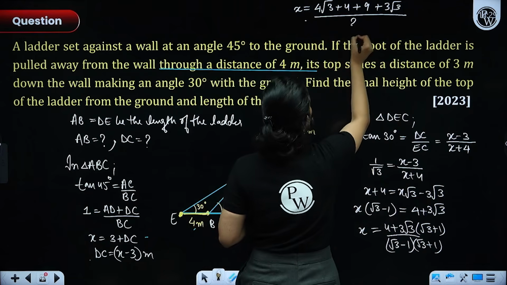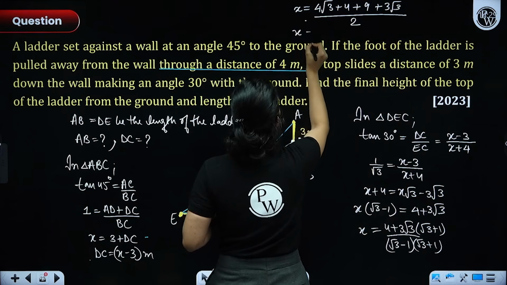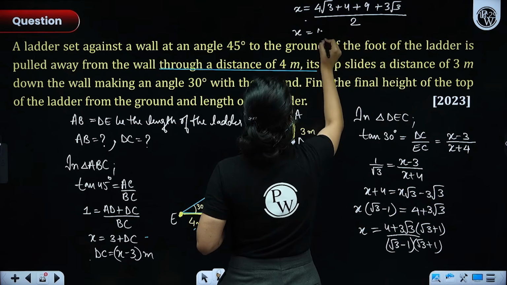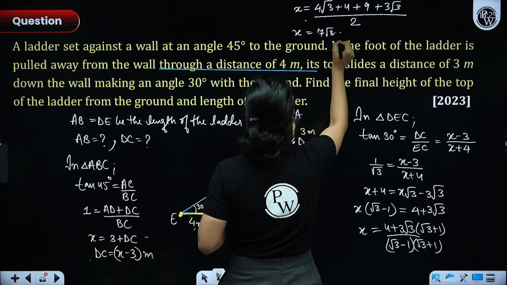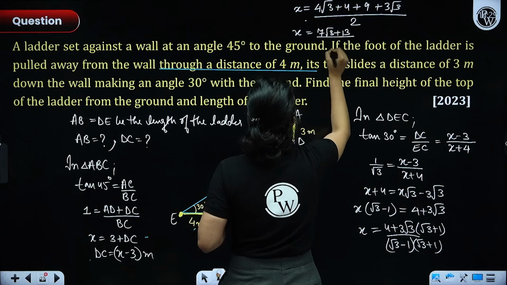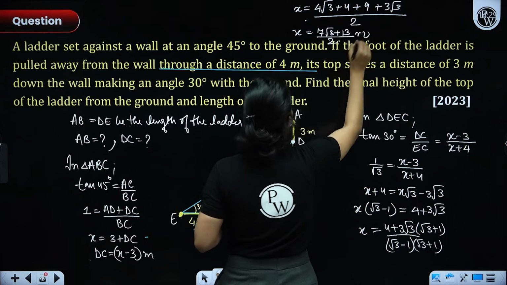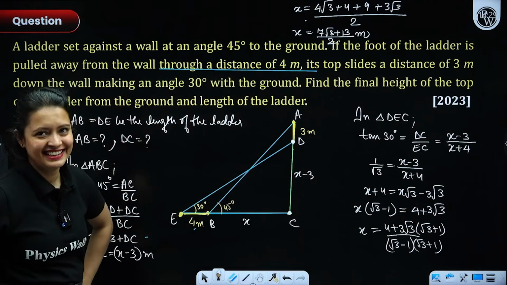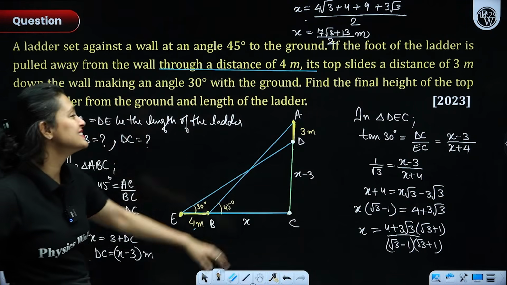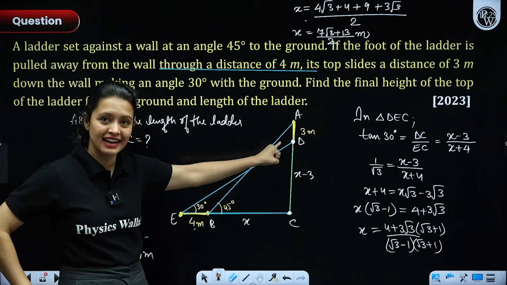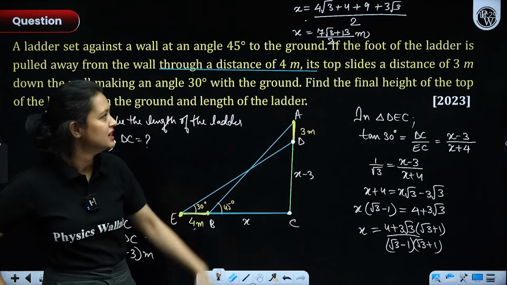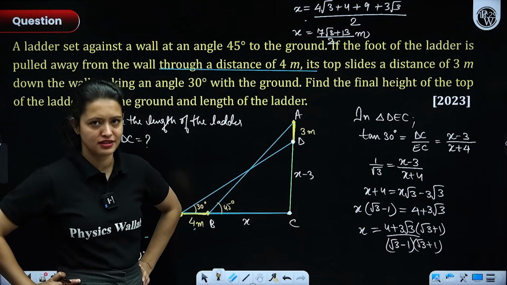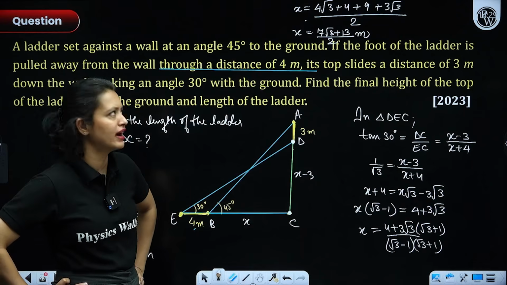So x comes out to be, 4 root 3 plus 3 root 3 is 7 root 3, so 7 root 3 plus 13 divided by 2 meters. That's the value of CD. CD was the distance of the final position of the ladder from the ground. So we figured this out: 7 root 3 plus 13 divided by 2.